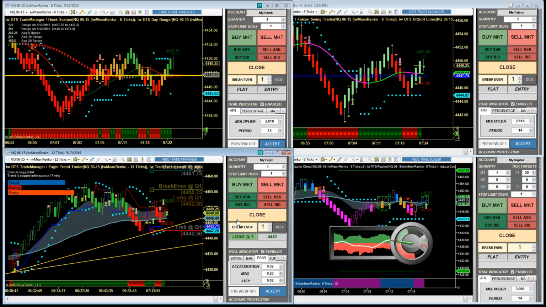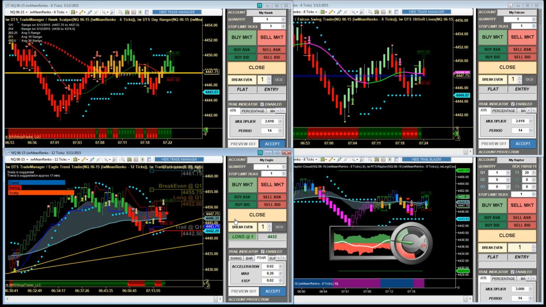Throw that back. Geiger counter a little bit green. No spikes in the Geiger counter, which is good. The spikes sometimes suggest stop running is going on.